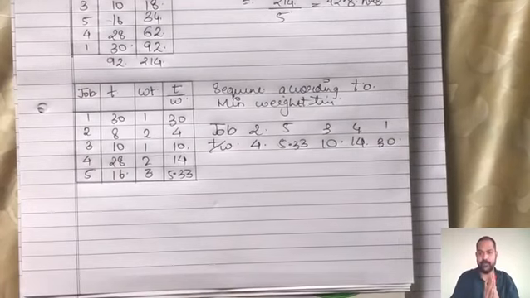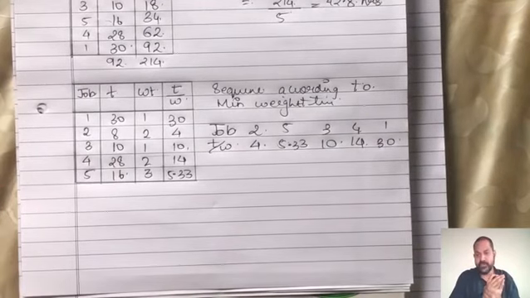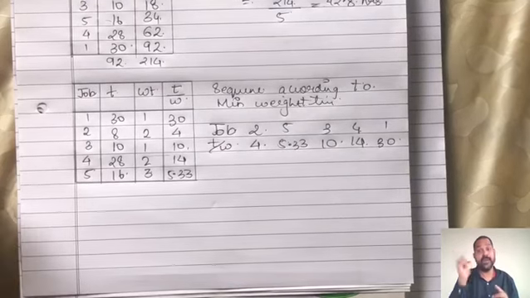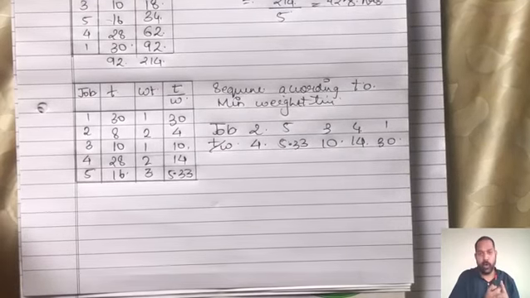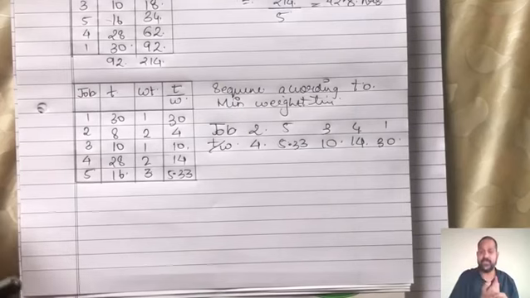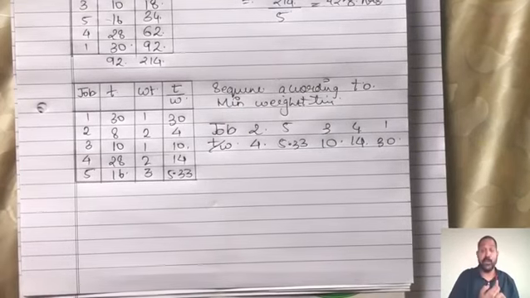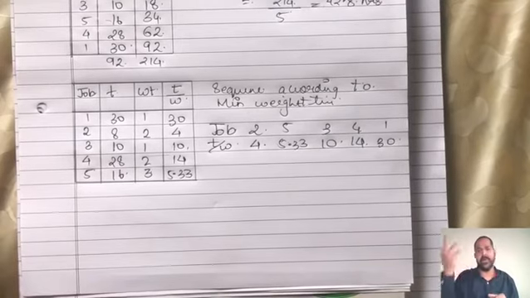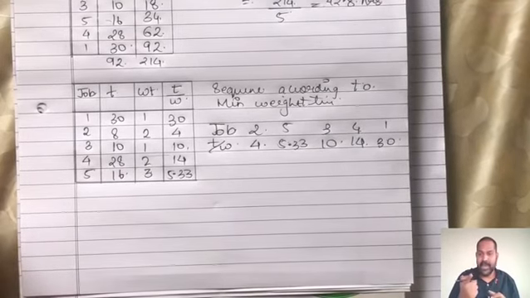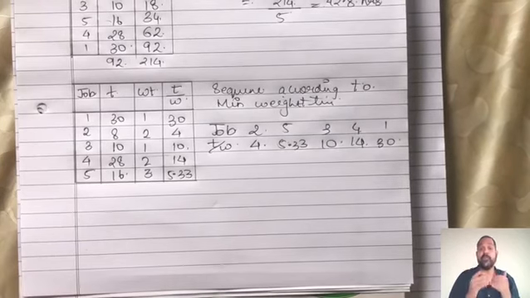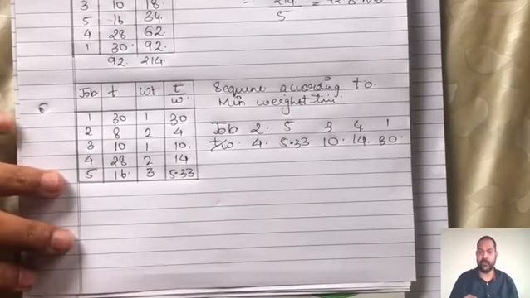Let me repeat this. I have to sequence the jobs, but giving them weights. More weight means more important. So normally I multiply the weight to increase its importance. When it's marks, multiply, increase the importance. When it's money, multiply, more money, more important. But with time, less is more important, and that is why to give something more preference, I won't multiply the weight, I will divide by the weight.